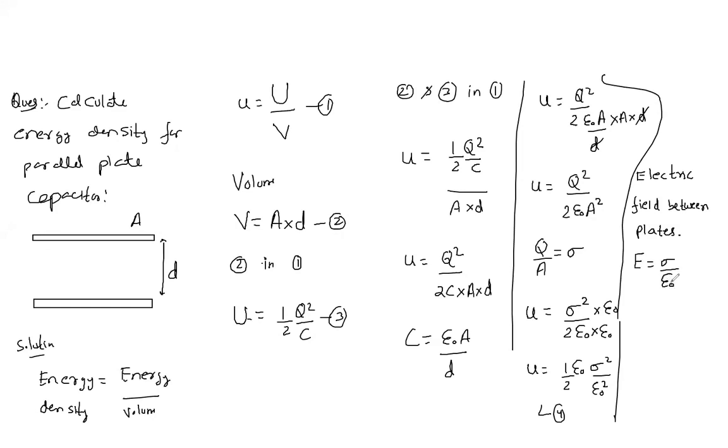This was the expression of field between the plates of a capacitor. This is 5. If I substitute 5 in 4, the energy density will be half epsilon naught E square. This is the energy density between the plates of a capacitor, half epsilon naught E square. This is the desired result. Any doubts in this calculation?